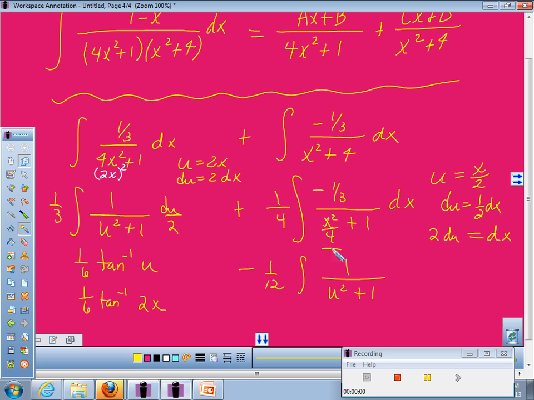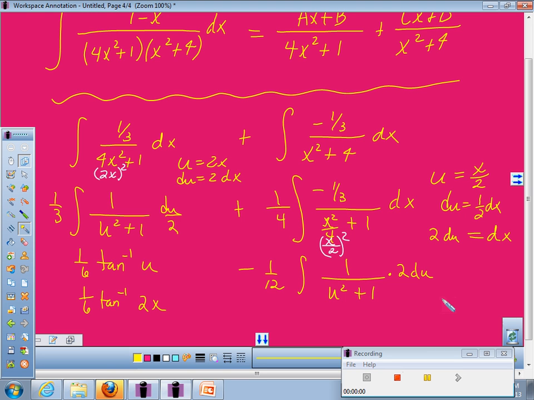Once again, I want that to become u squared plus 1, so I had to ask myself, what am I squaring there to make that become x squared plus 4? Well, that's x over 2. So therefore, we u substituted for x over 2, which meant our derivative was a half dx, and I would get dx equals 2 du. So when I go to substitute that in, I would have 1 over u squared plus 1, and that would be times 2 du.